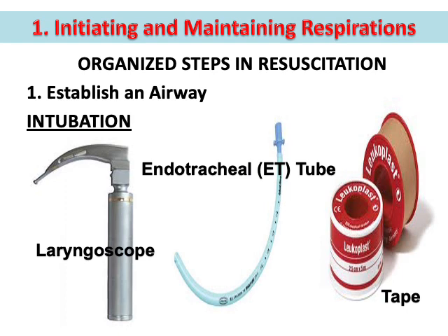And then, with the use of the laryngoscope, the doctor will now insert the ET tube. ET tubes have different sizes. We usually use the small sizes for newborns. And the secure tape, when the ET is in place, we tape it in the mouth.